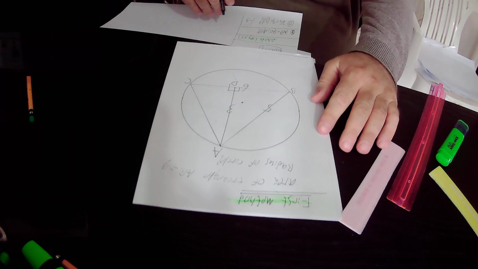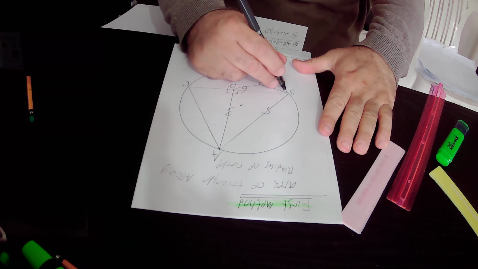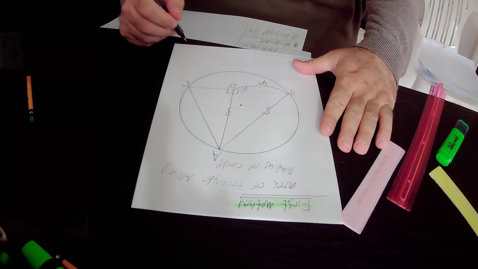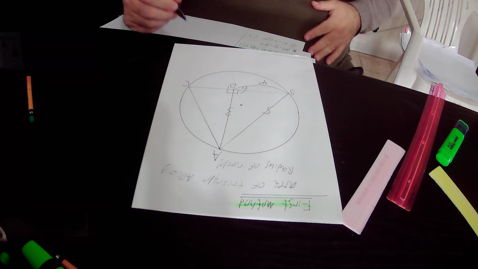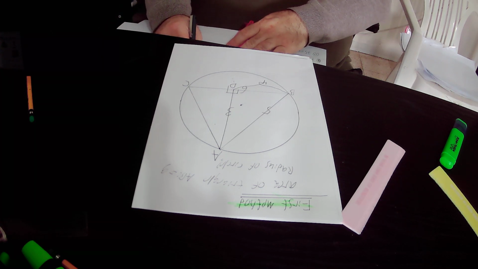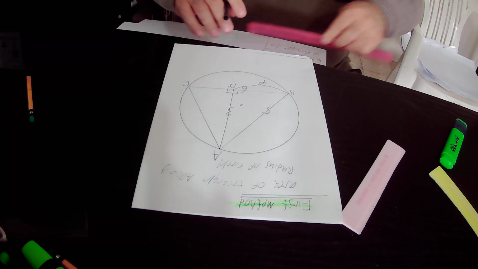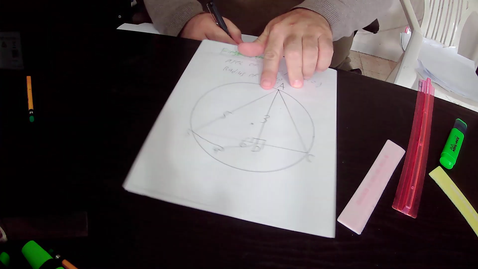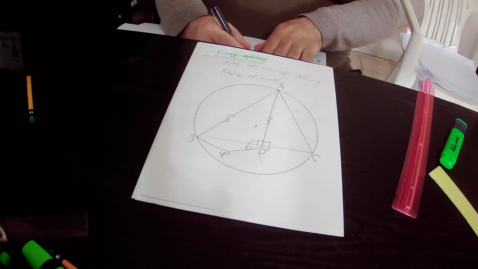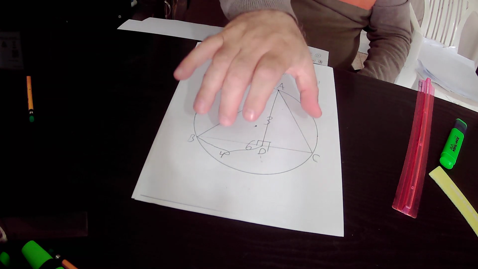So we actually found out that BD equals 4 units. And what is the length of line segment DC? It is very easy to see from the drawing that DC equals BC minus BD.